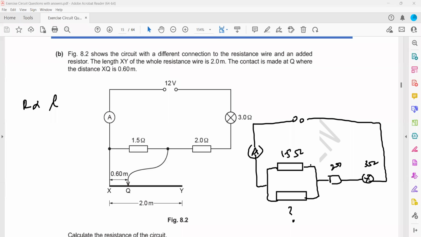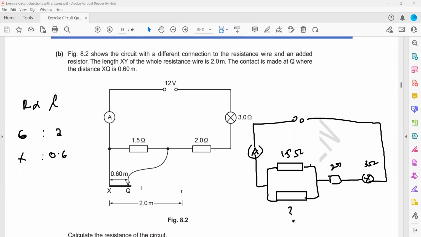So for example, it was 6 ohms when the length was 2 meter. But now we have 0.6 meter. What will be the resistance? It will be X. X to Y is just a metal wire, but we are using only the part from X to Q. This part we are not using at all.